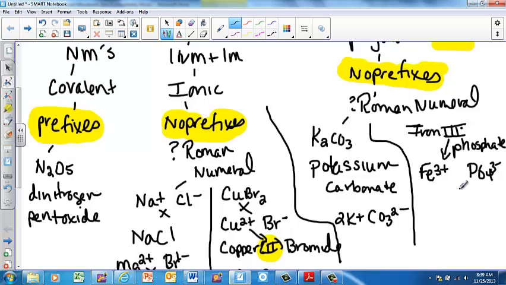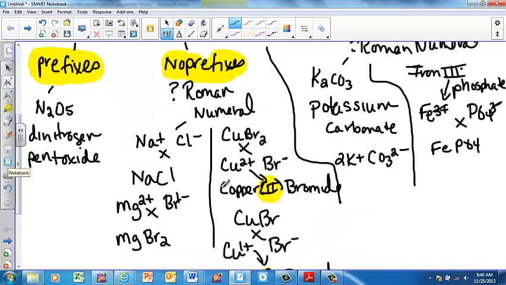Okay, phosphate. If I find it on my polyatomic ion sheet, it's going to be PO4 3-. So when I crisscross these, they're going to cancel out. So it's going to be FePO4. Now let's say I had iron 2 instead of iron 3.